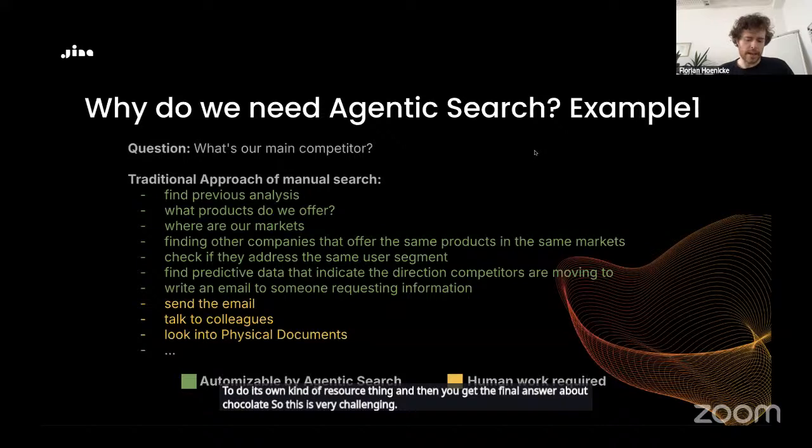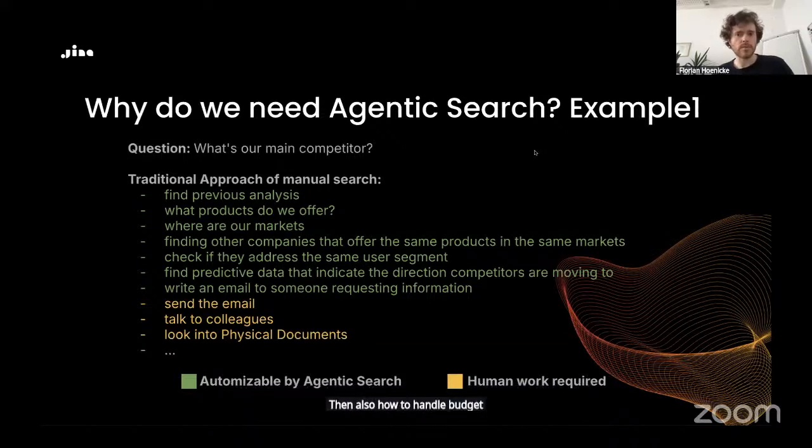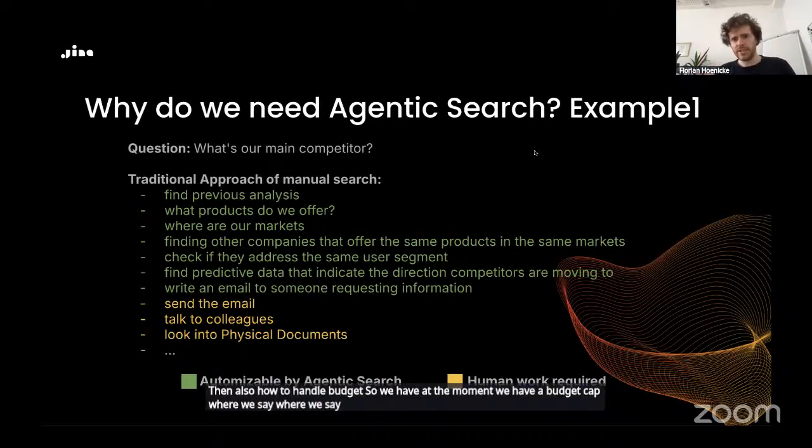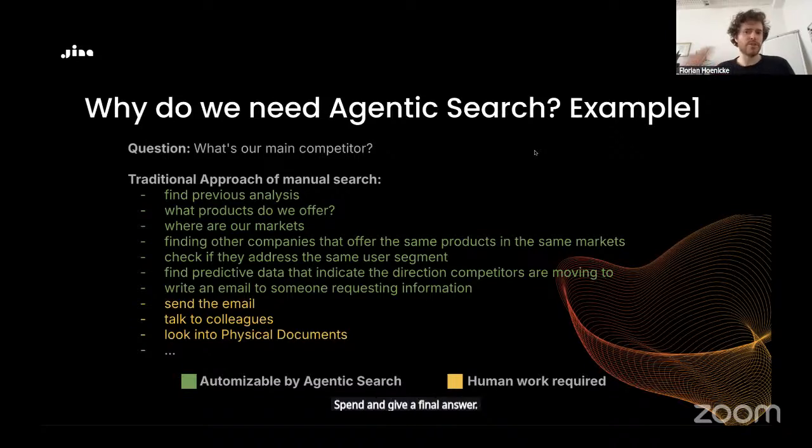Then also how to handle budget. At the moment, we have a budget cap where we say for each search query, you can spend a certain amount of budget, like really financial budget. And if that is spent, then give a final answer. Don't continue in this loop.